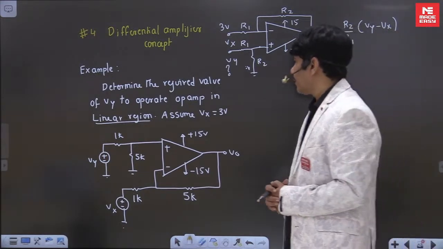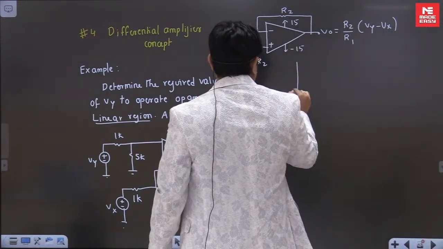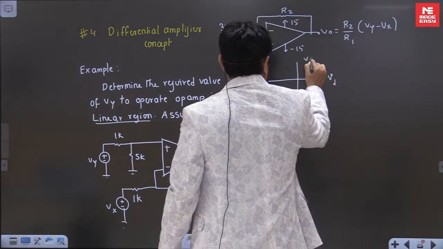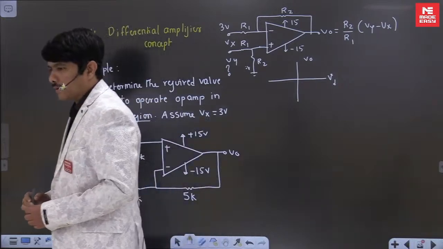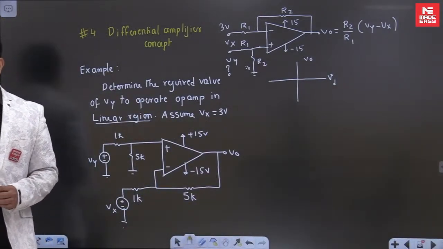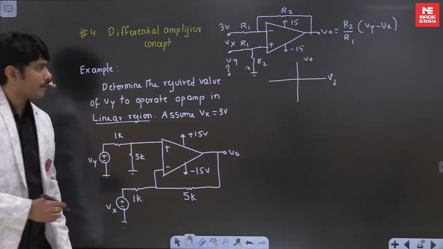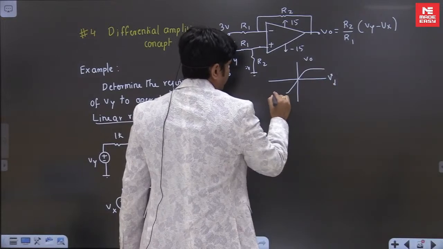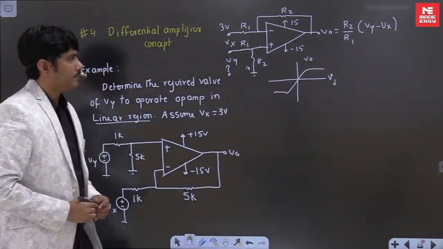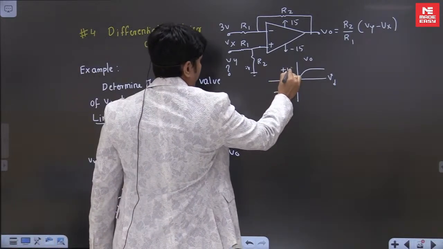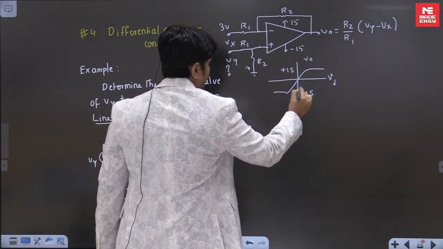What do we mean by linear and non-linear here? We have an op amp graph like this, V0 and Vd. We have the transfer characteristic graph, correct? The op amp transfer characteristic graph, everybody knows. The rough graph looks like this, something in this manner. There will be some plus 15 here, and this will be minus 15.